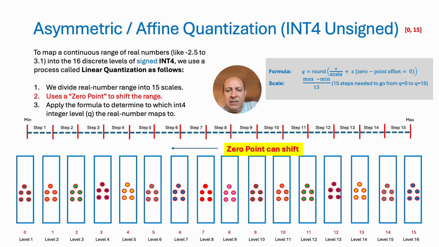And the scale we always calculate as the maximum minus the minimum, divided by 15. Okay, this is how things work with quantization levels 0 to 15. So again, if you count the number of steps, you will find 15 steps, and you will find 16 vertical lines depicting the 16 quantization levels between 0 and 15.